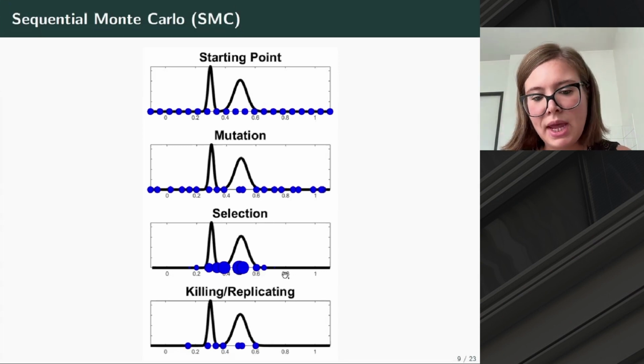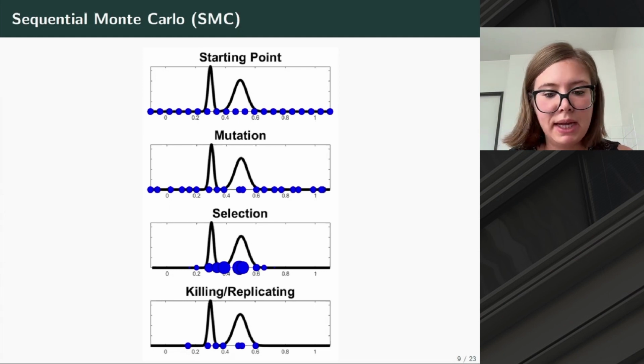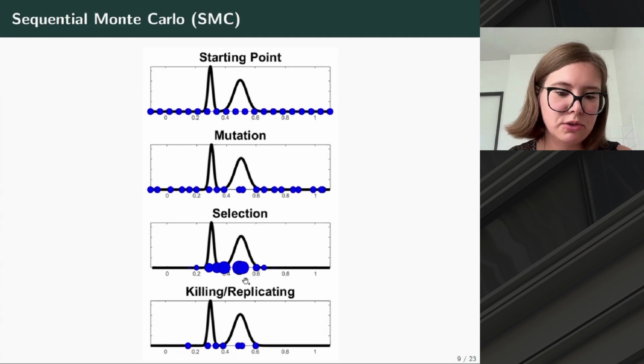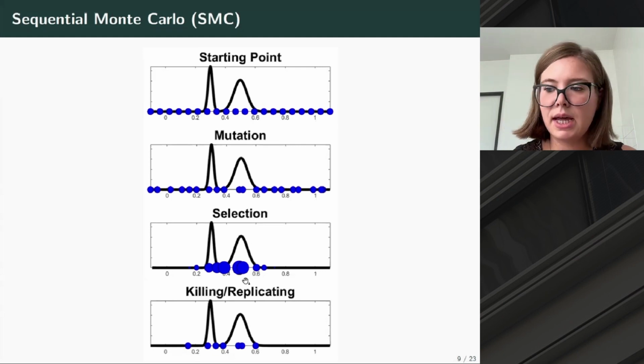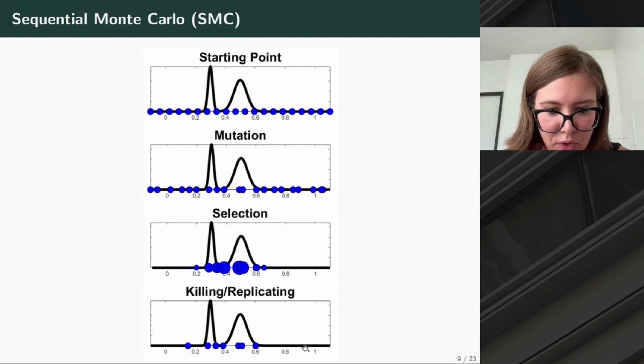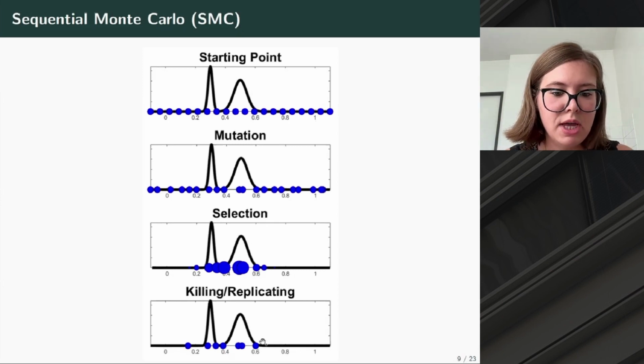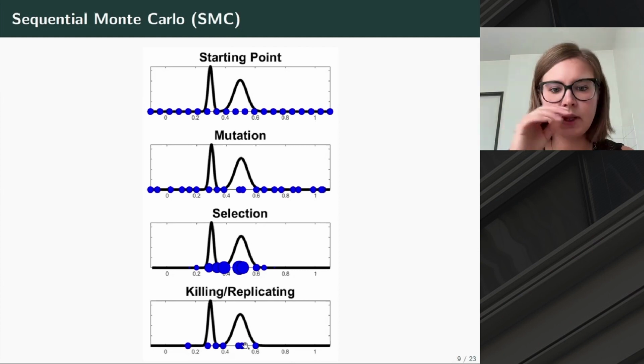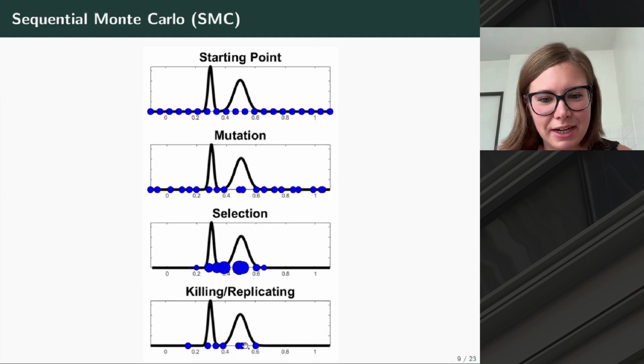Once we have the weights, we apply this resampling mechanism, which basically replicates the good particles, those that had a high weight, and kills the other ones. So there are no particles anymore in this region over here because their weight was basically zero, and we have multiple copies of those that were over here. Roughly speaking, these are the three steps: the mutation, reweighting, and resampling.